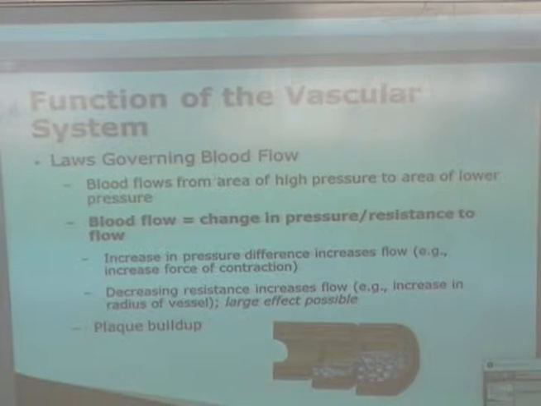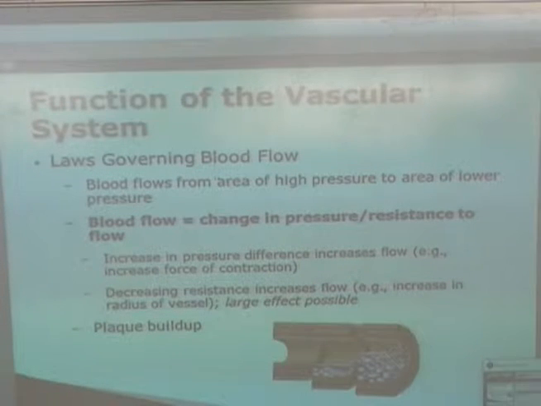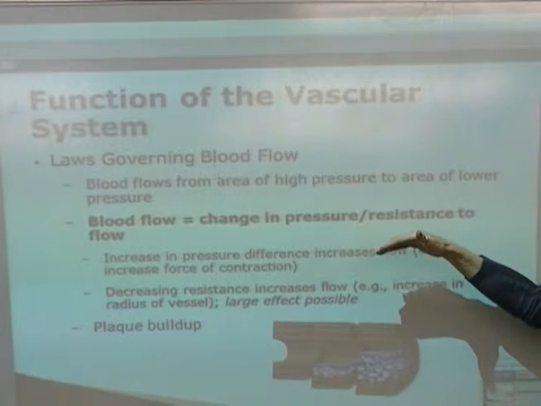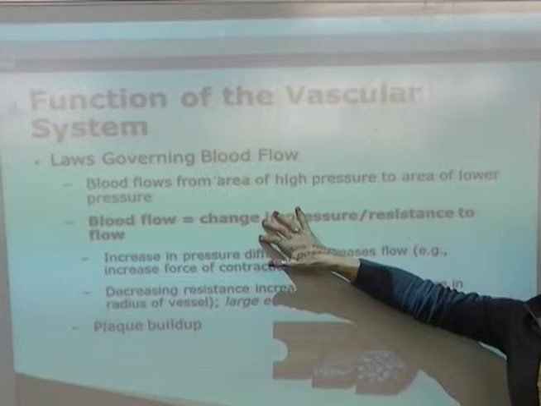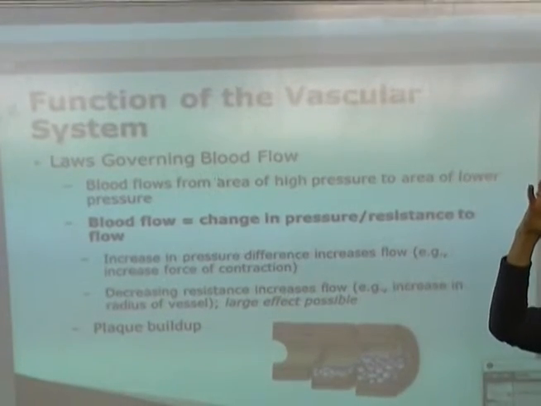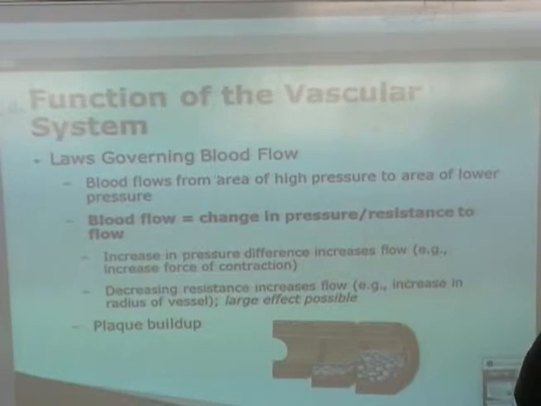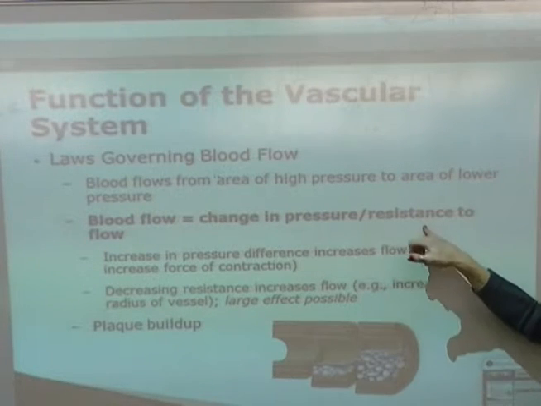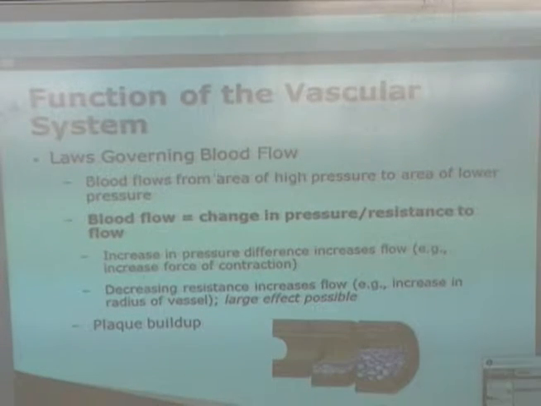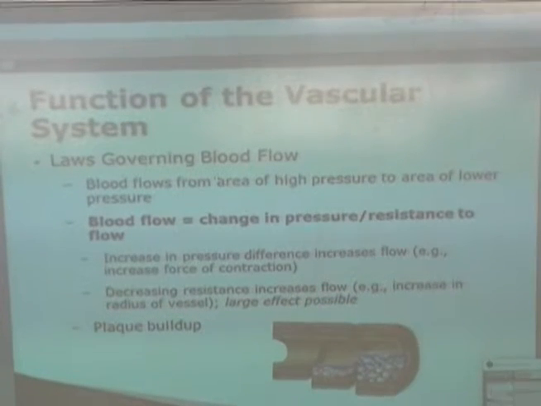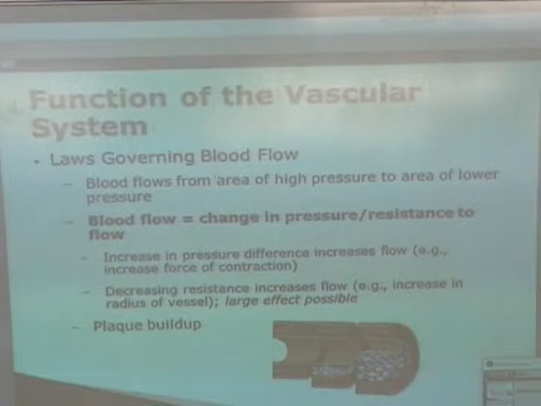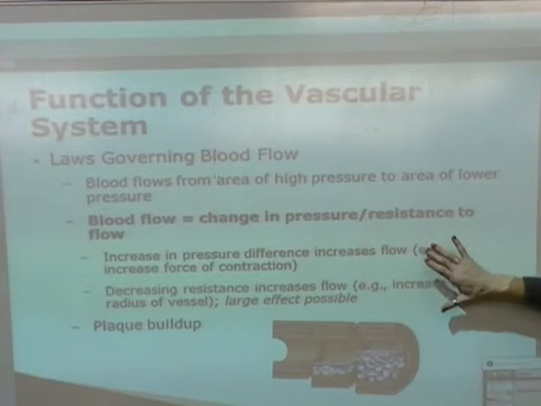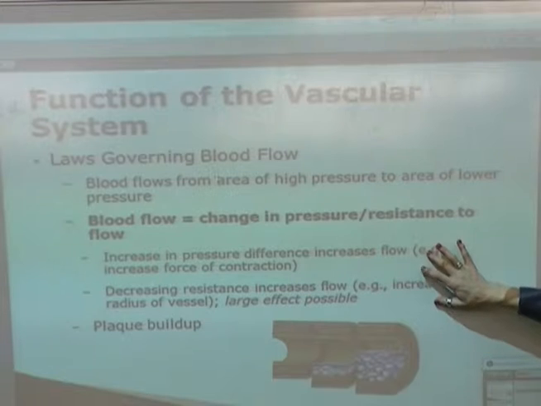By changing the radius of the artery, we have a very large impact on blood flow, a bigger impact than we can create with the change in pressure, which is controlled by how strongly the heart muscle can contract. But for the resistance to flow, our body can open up many, many vessels to the muscle and increase blood flow. Okay, so both these things occur during exercise.